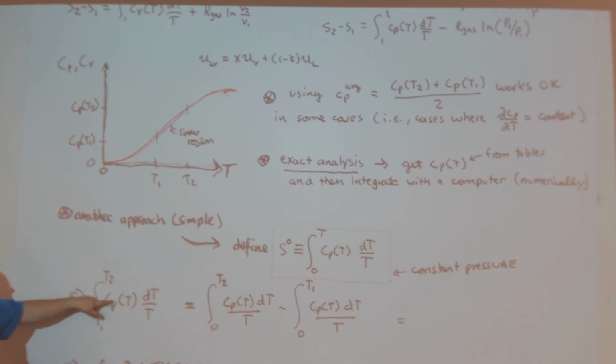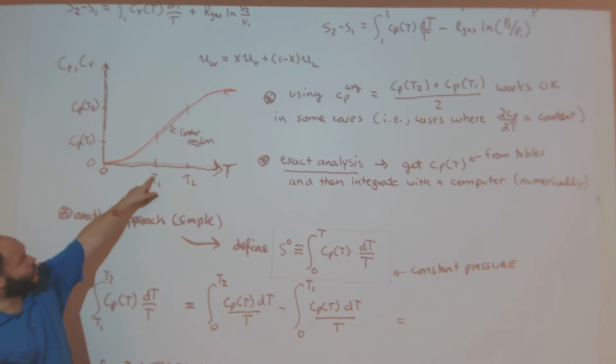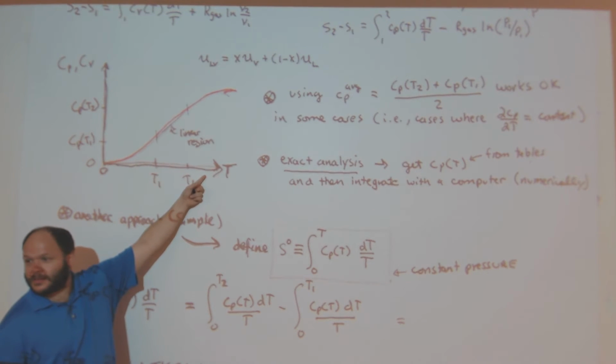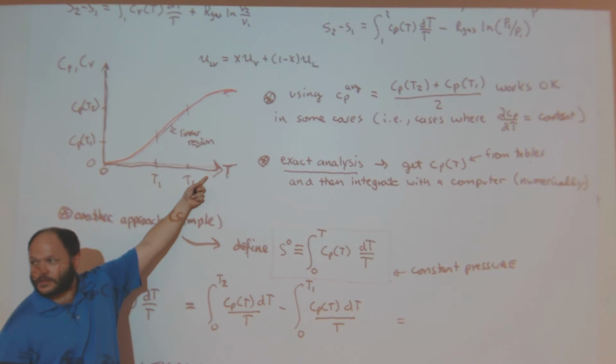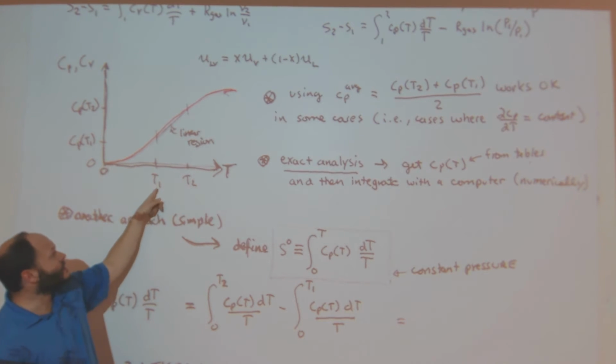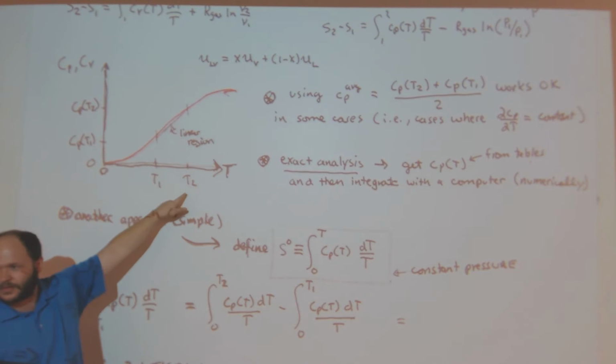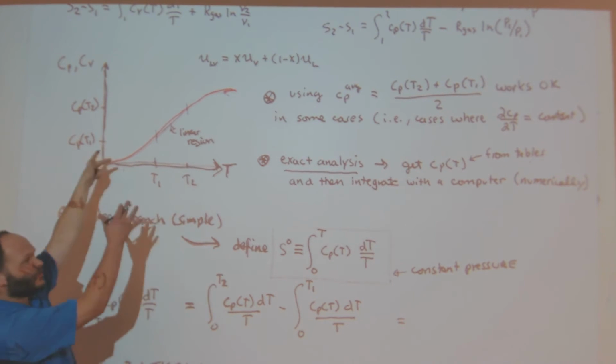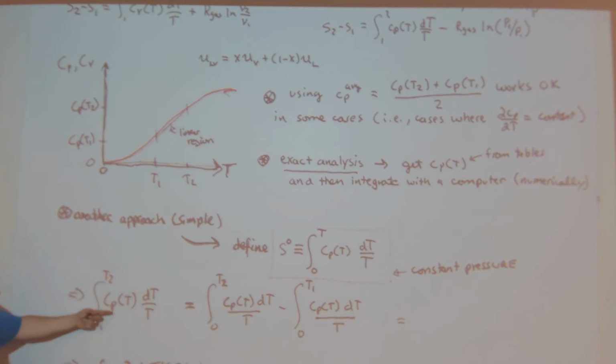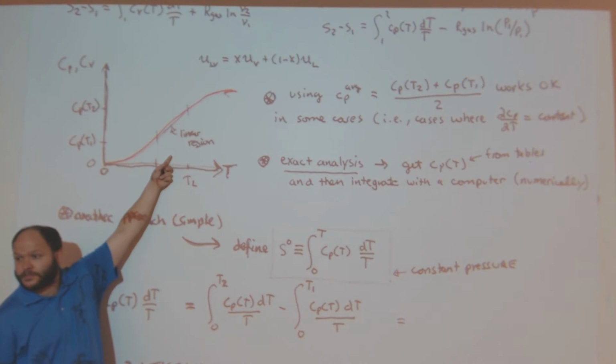In some ways I should probably plot this as 1 over T instead of T, so the curve would change a little bit. But nevertheless, this is related to an area.